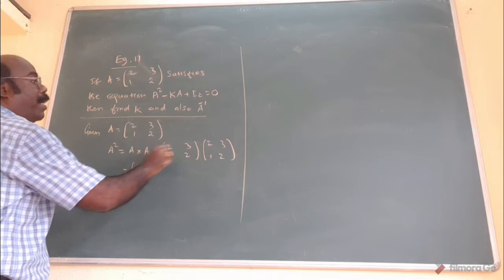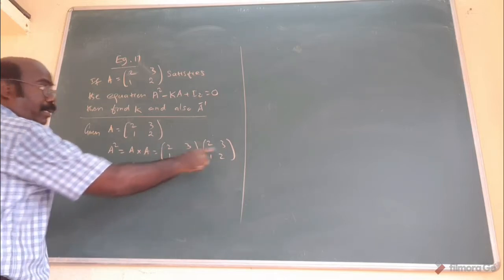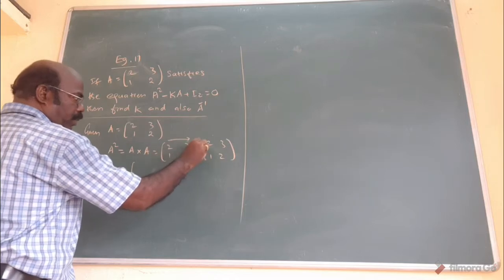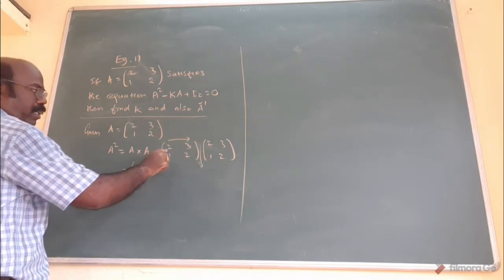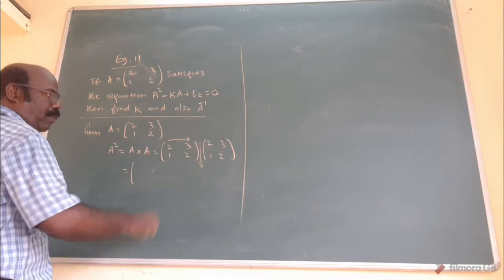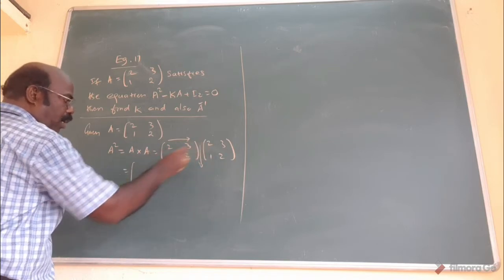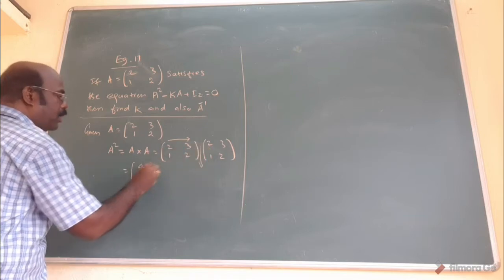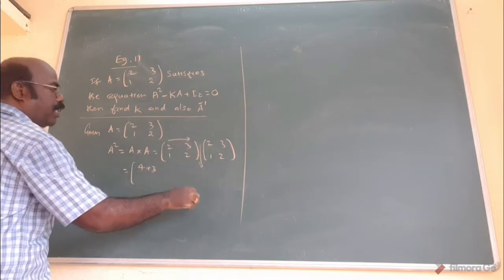Now, this is called matrix multiplication. Product of two matrices. First row, first column. Here 2 element, here also 2 element. You want to multiply the corresponding elements. 2 into 2 is 4, plus the next element, 3 into 1 is 3. First row, first column over.